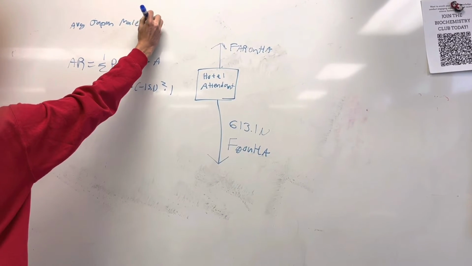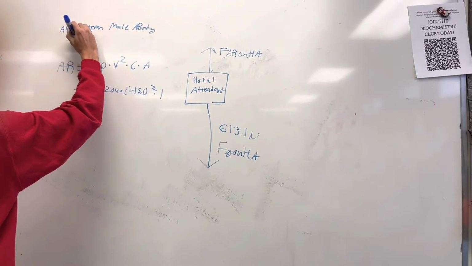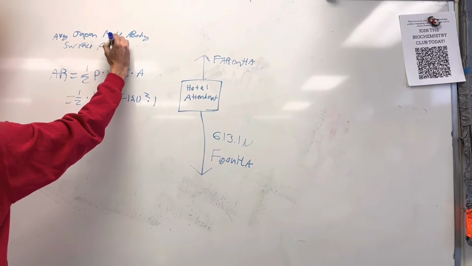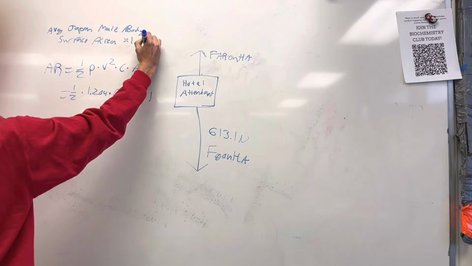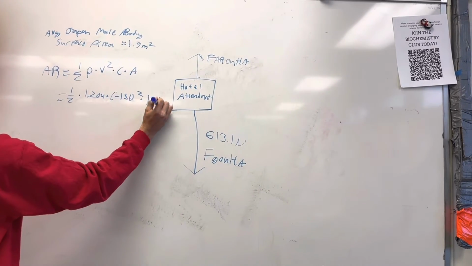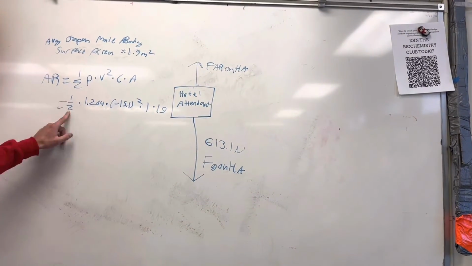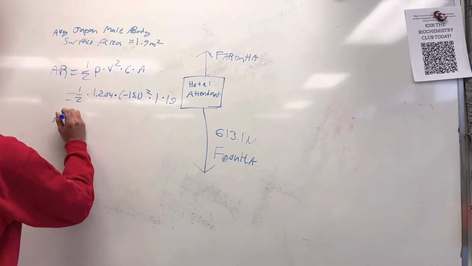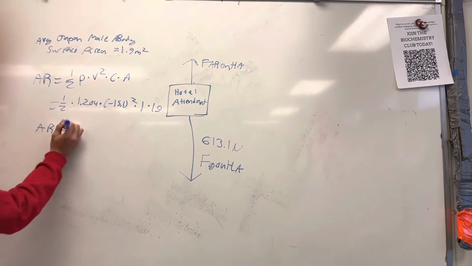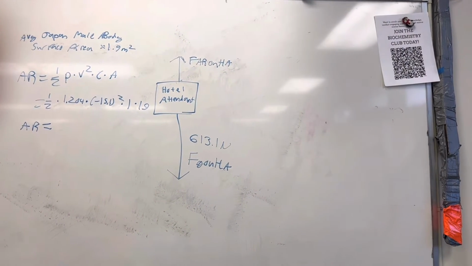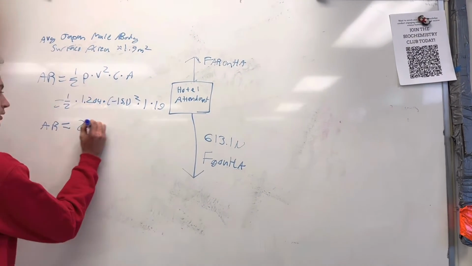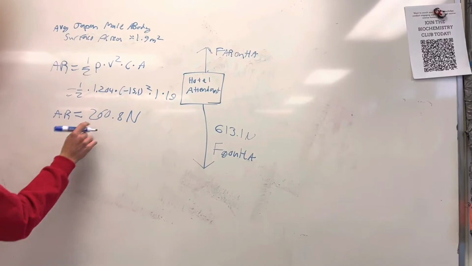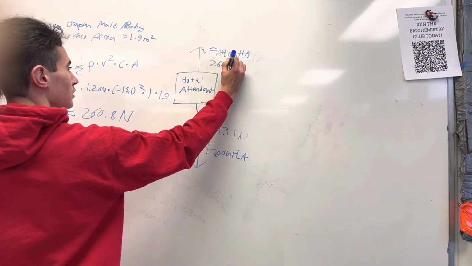The drag coefficient of a horizontal person is 1 when falling, and the average Japanese adult male body surface area is 1.9 meters squared. Putting that all together and multiplying it out, we get a force of air resistance equal to 260.8 newtons.